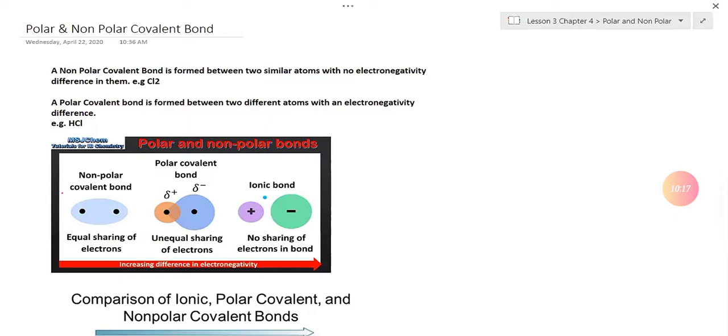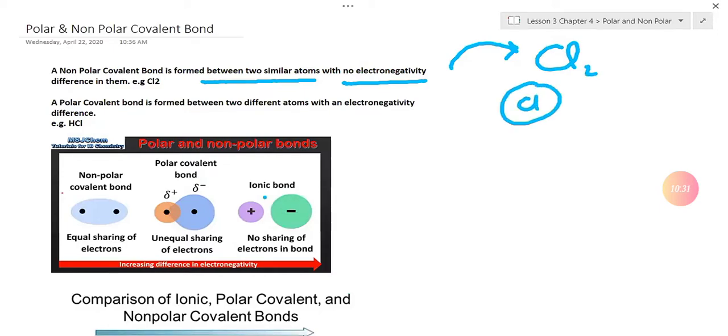A non-polar covalent bond is formed between two similar atoms when there is no electronegativity difference. For example, the chlorine molecule. Chlorine is formed between two chlorine atoms sharing their last electron, and as a result of this sharing, the octet of each chlorine is completed.